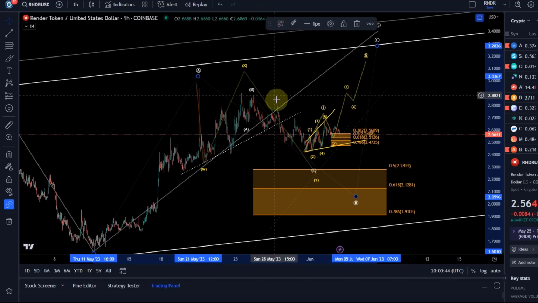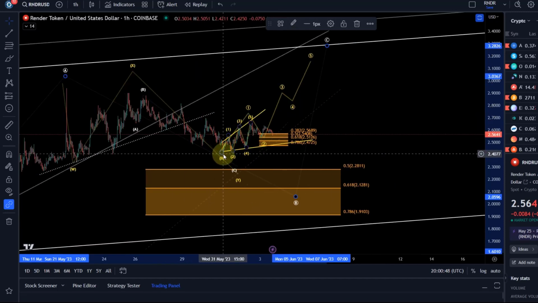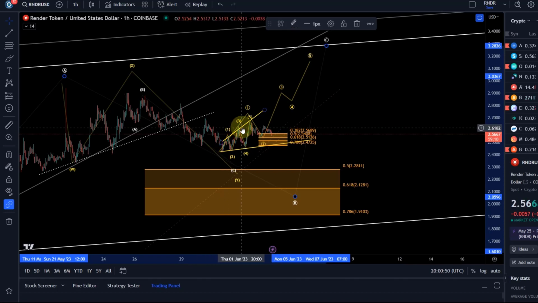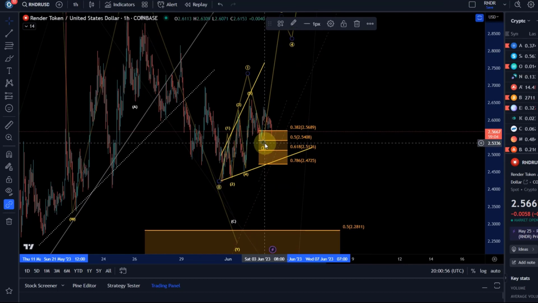It is possible though that the low was formed here on the 31st of May and that we're moving up in a wave 1 leading diagonal and a wave 2 to the downside. It's now in this smaller support area, which goes down all the way to 247. I did suggest in the last video that if price breaks below 247, that is additional confirmation that we continue to make another low.